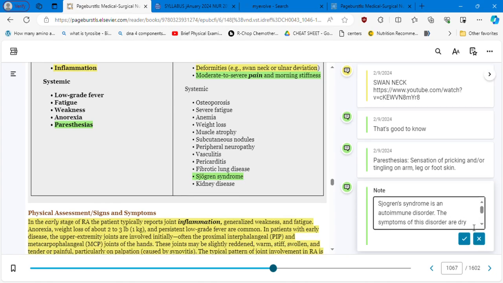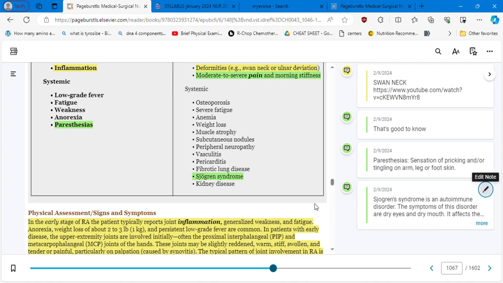This is an autoimmune disorder. The symptoms of this disorder are dry eyes, dry mouth, and it affects the mucous membrane and moisture secreting glands. Let me tell you something. Any patient that is having an autoimmune disease is at high risk to develop multiple autoimmune diseases.